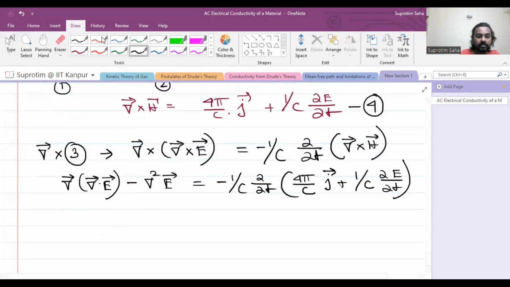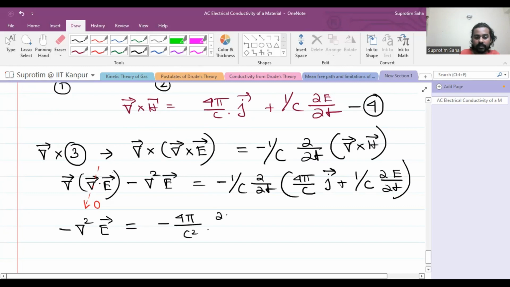This is anyway 0 from Maxwell's equation. So now minus Laplacian of E equals minus 4 pi over C squared del J by del t minus 1 by C squared del 2E by del t2.